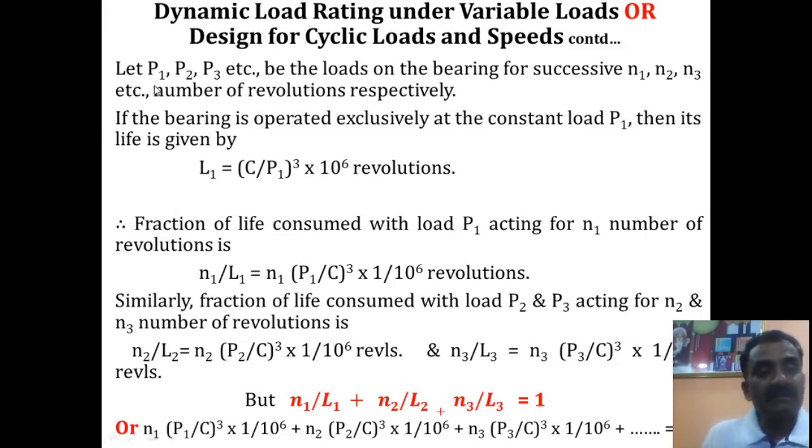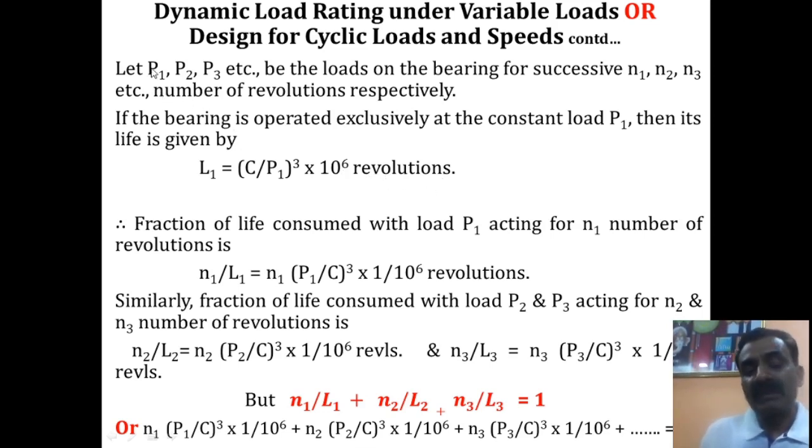Suppose P1, P2, P3 are the loads on the bearing for successive N1, N2, N3 etc. numbers of revolutions. If the bearing is operated exclusively at constant load P1, then its life is given by L1 equal to C upon P1 raised to cube, into 10 to the power 6 revolutions.